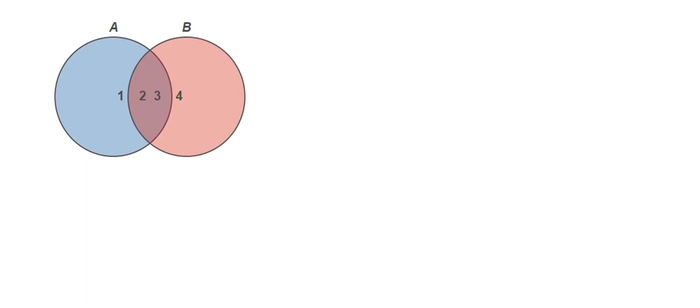We have a set A. Inside this set A, which is this circle right here, in roster form, we have 1, 2, and 3.